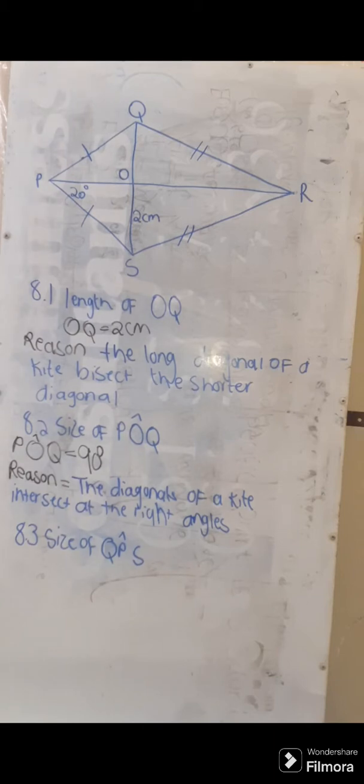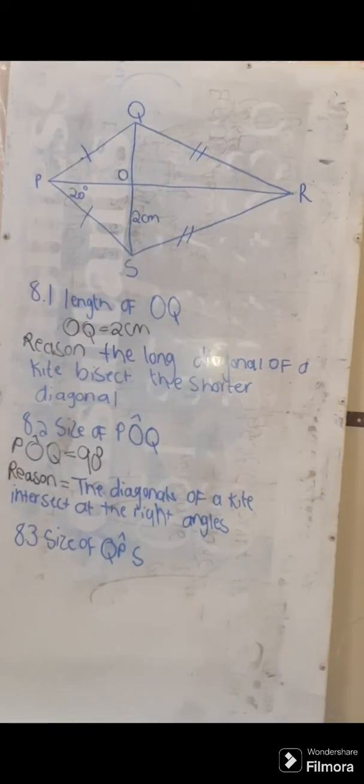So now we are asked to calculate angle P for 8.3. So angle P equals 20. Why? This longer diagonal bisects the angles of a kite. So it cuts the angle of a kite into two, which means this whole angle is 40.